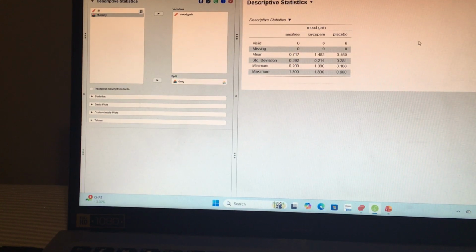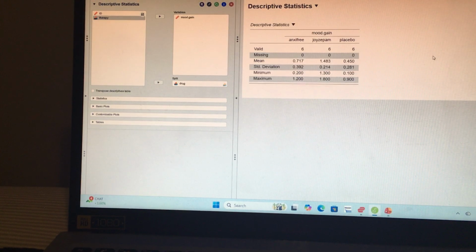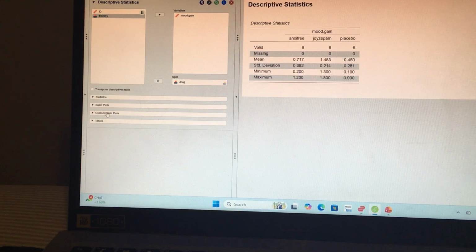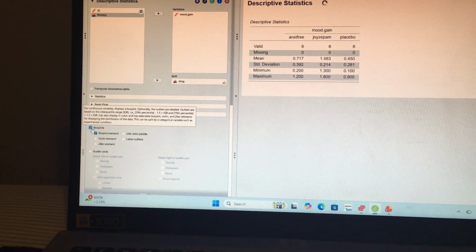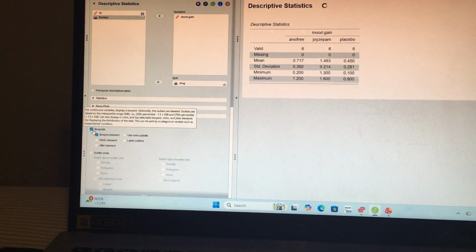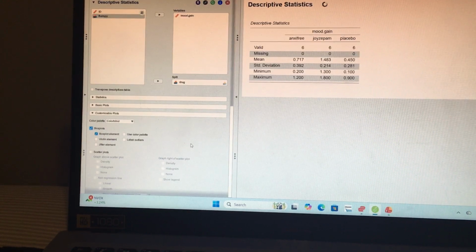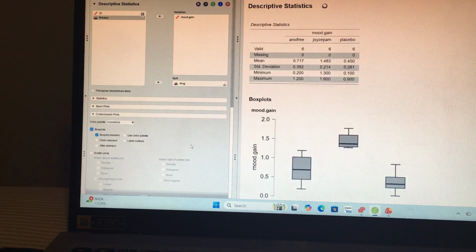Looks good. I'm going to expand that chart. And all right, so then we're going to go under customizable plots here, and we're going to check box plot. Here we go. All right, and then our results should match figure 13.1.